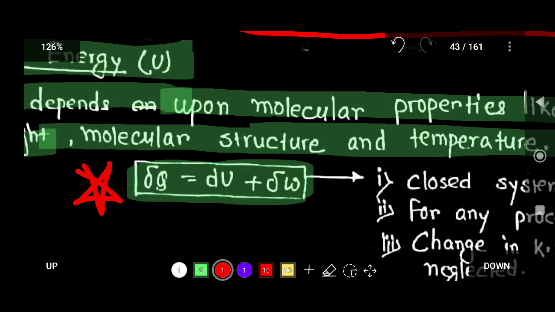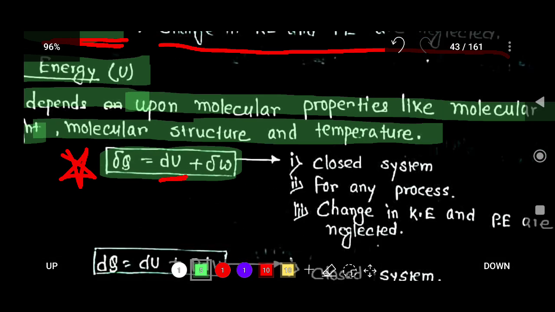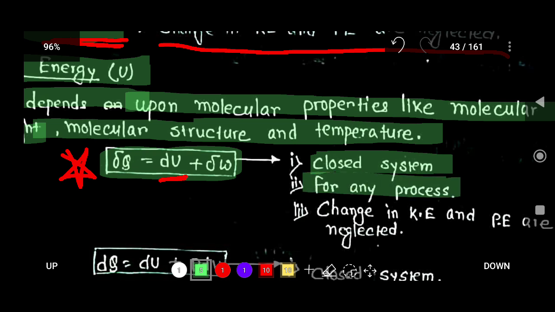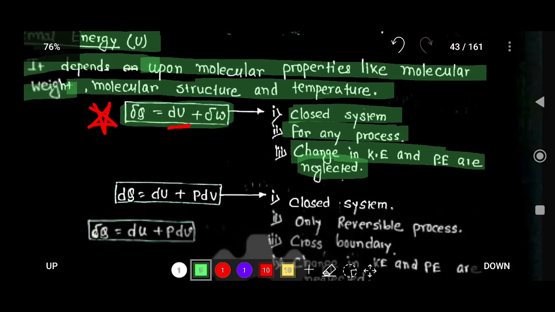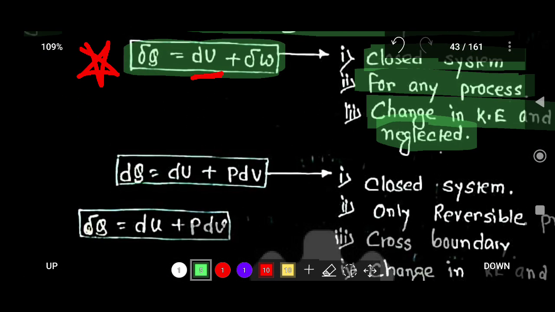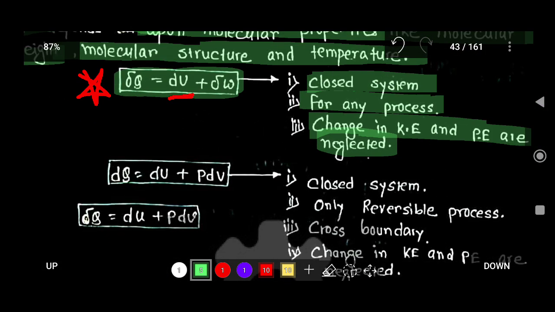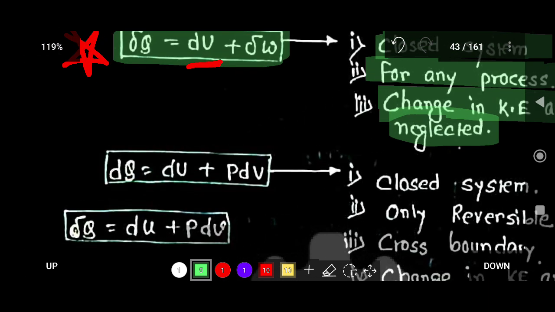U is a property, so that is why it is dU. This is applicable only when it is a closed system and for any process, and the change in kinetic energy and potential energy are neglected. Now if it is a reversible process, then δQ = dU + PdV.